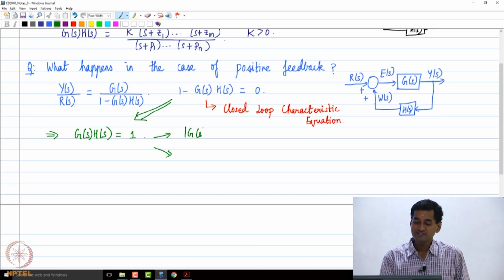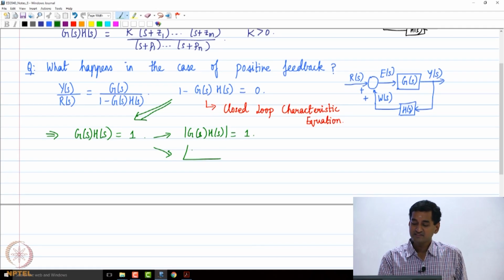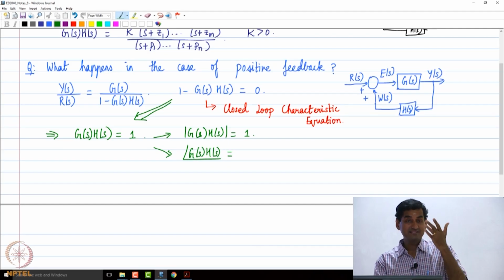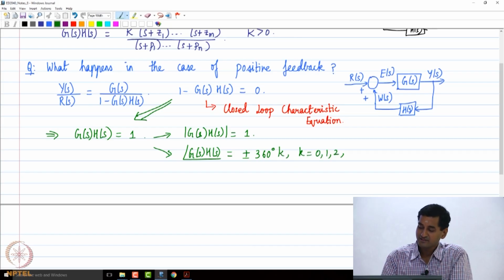The magnitude condition is that the magnitude of G of s H of s equals 1; the magnitude remains the same, but the main difference is in the phase. We see that plus 1 is on the positive real axis, so the phase of G of s H of s is going to be an even multiple of pi, 0 included.